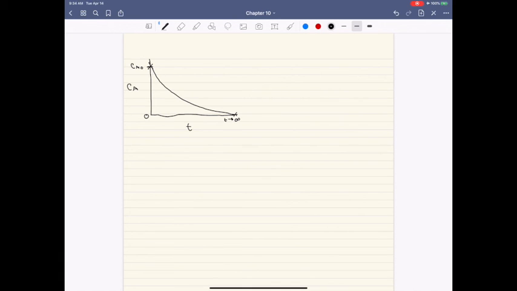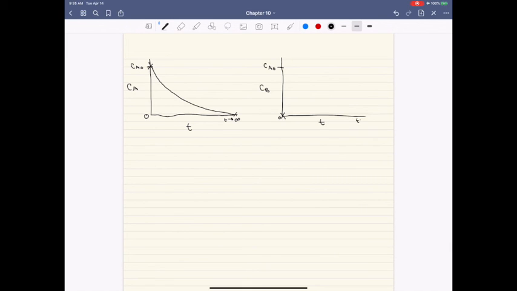Okay? Now for Cb, we could do the same sort of analysis, where the y-axis is Cb, the x-axis is time. I'll mark off a value of Ca naught here. Okay? At time equal to 0, we know that Cb is also equal to 0.